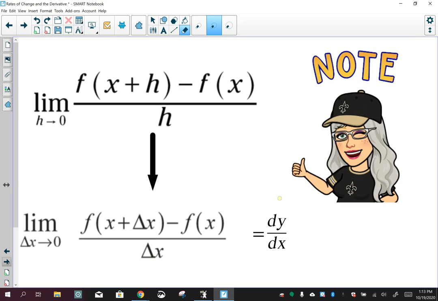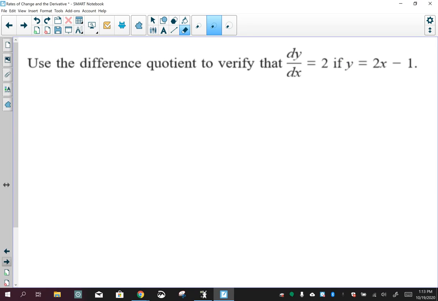All right? So what we're going to do is we're going to use a difference quotient to verify that dy dx equals 2 if y is equal to 2x minus 1. So this is what I want you to do. I want you to take a few moments, hit the pause button, and then literally find the slope.